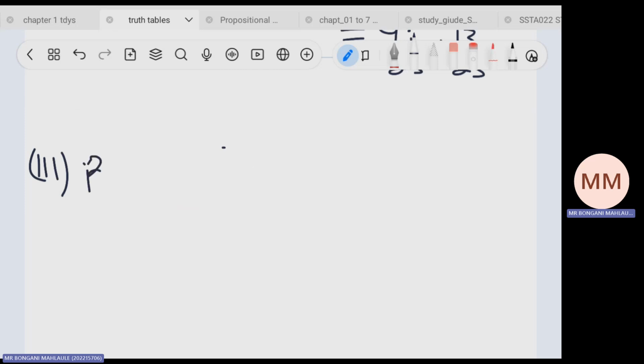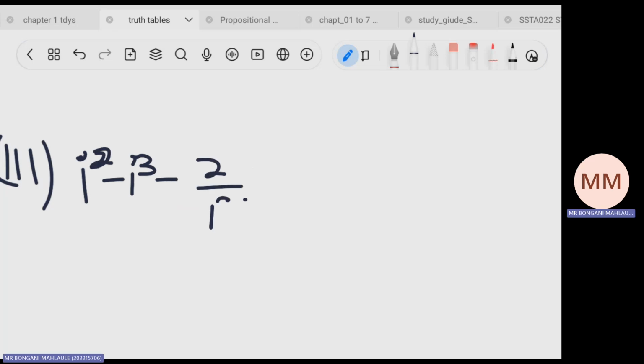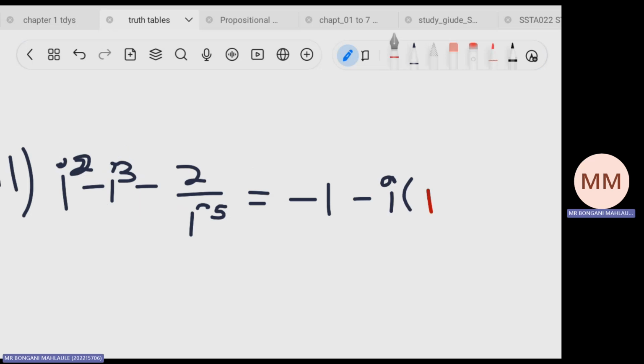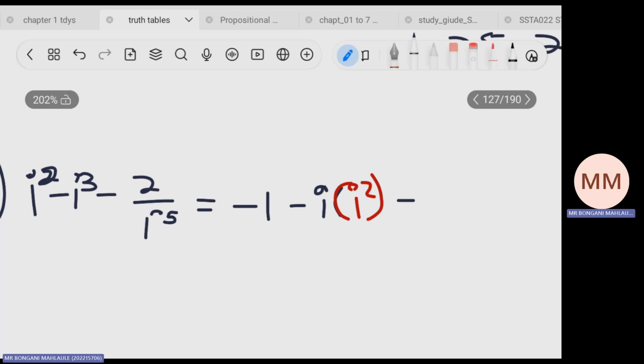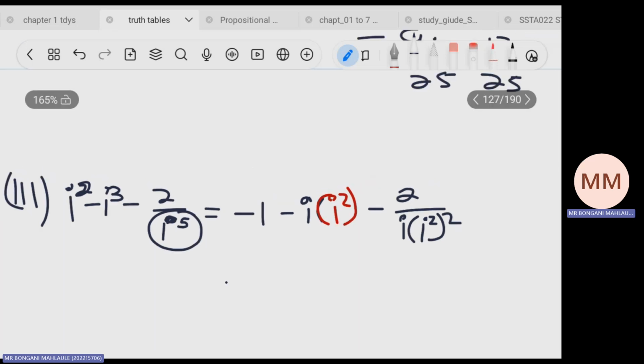Suppose you're given i squared minus i cubed minus 2 over i to exponent 5. You can see this is the same as negative 1. We know that we can change this to be i times i squared. Then we're having minus 2 over i squared to exponent 2 times i. So this will give us i to exponent 5 again.